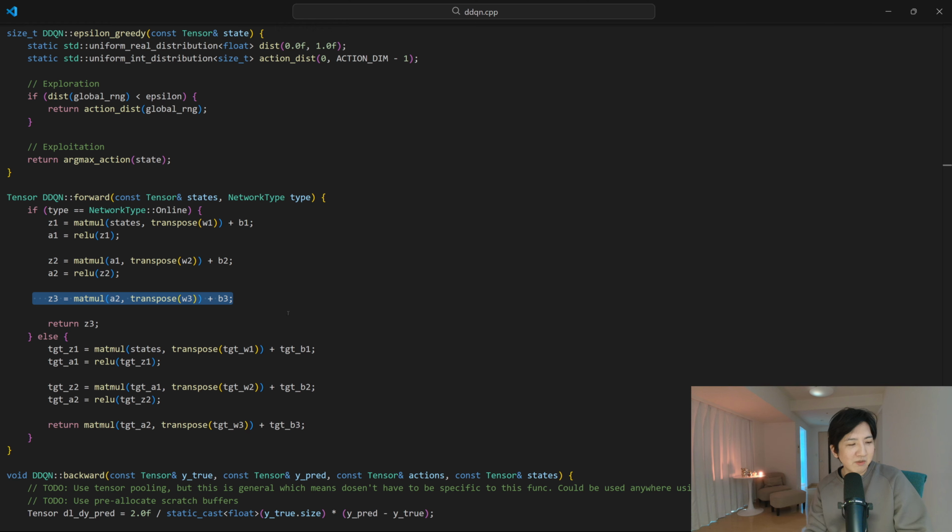And if the values get this small, it would lead to vanishing gradients, because these values are so small, it makes the gradients really small.